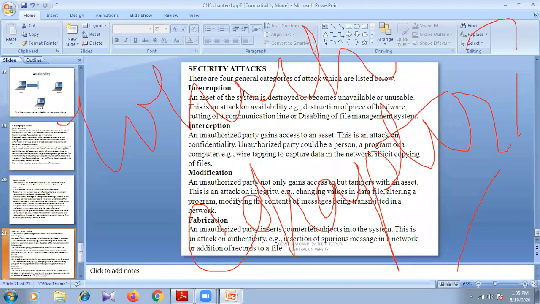Denial of service, already discussed, relates to availability. Interception is the loss of confidentiality. Authentication, you can say that is fabrication. Modification is integrity, and interruption. So these are the four types of security attacks we generally call.